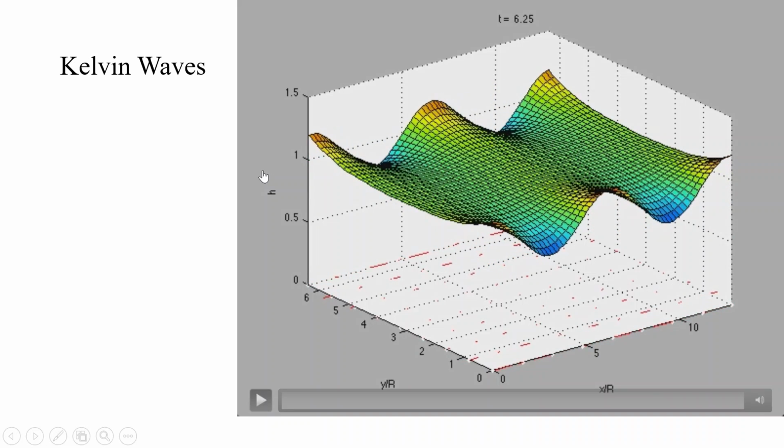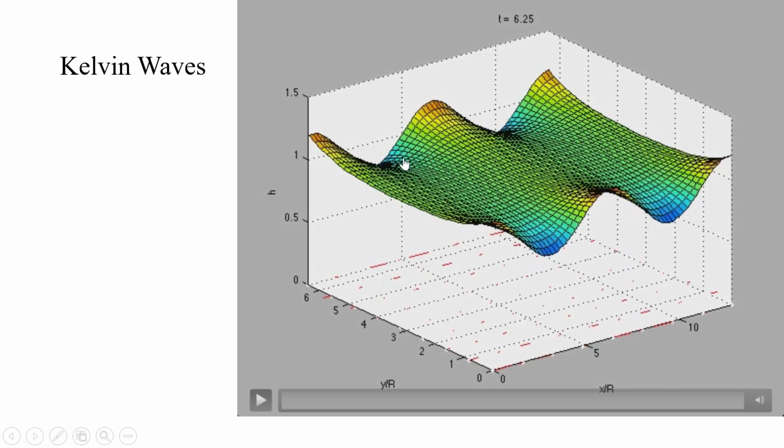So this is the so-called Kelvin wave, or we also call it the coastal wave, because now there's the southern wall and the northern wall. Along the wall, the gravity waves propagate to the east at the southern boundary, but to the west at the northern boundary.